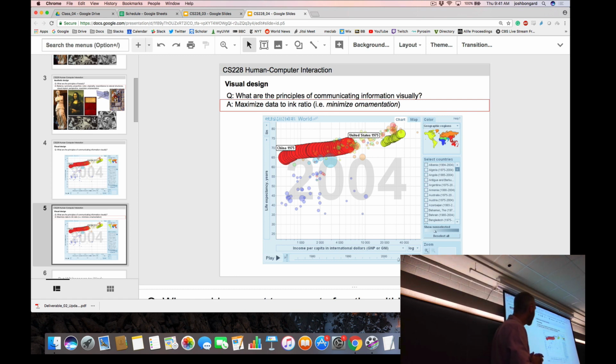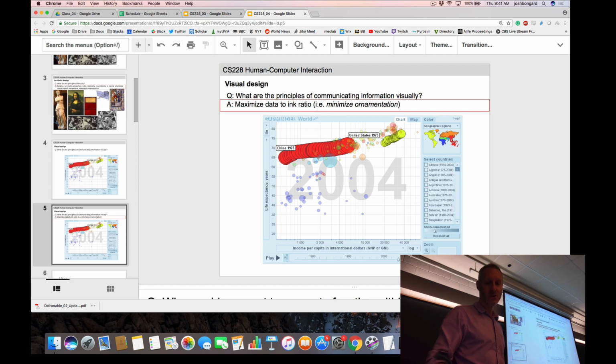If you pay attention to any single colored pixel in this picture, it's doing some work for you. It's hard to find a little image, a little icon, or a piece of text that is extraneous on this image, right? Everything is working here to try and communicate as much data to you as possible in as visually simple a way as possible.